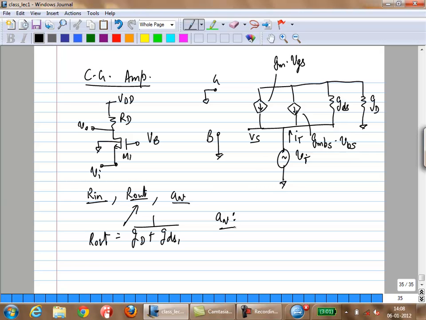So next, let's try to find out the voltage gain. To do that, we'll write the KCL equation at the drain.